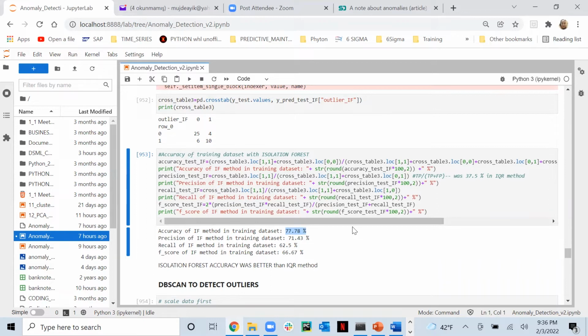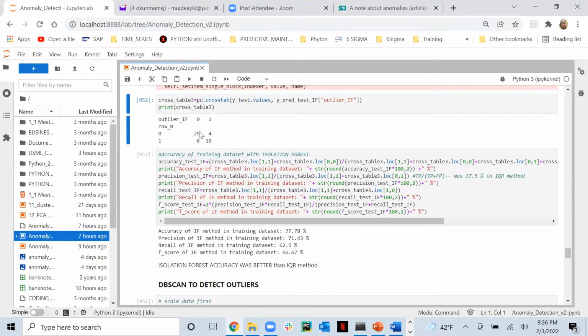For instance, up top you've got the labels outlier 0, 1, and for 0 you've got 25 and 4, and for 1 you've got 6 and 10. What does this mean? What are we showing here? Okay, so these are my outliers. I have 29 genuine banknotes here, they are actually genuine.